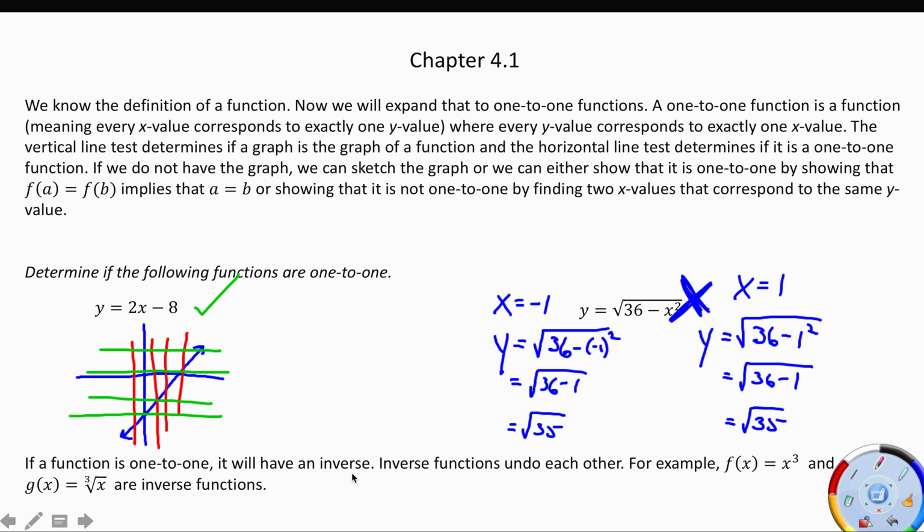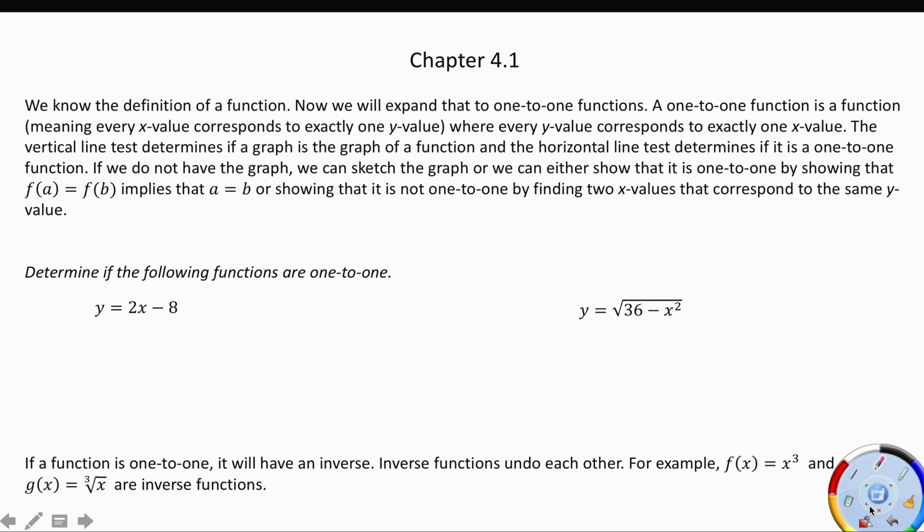If I take the cube root of x and cube it, everything gets undone and I'm left with an x. Or if I put x cubed into my other function, again, everything gets undone and I'm just left with an x. That means these are inverse functions.